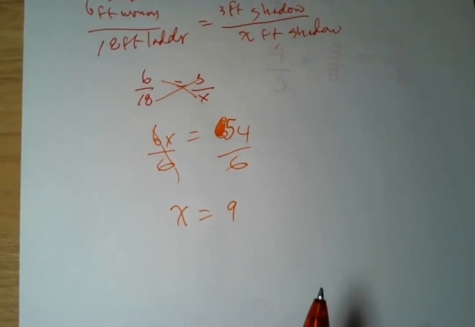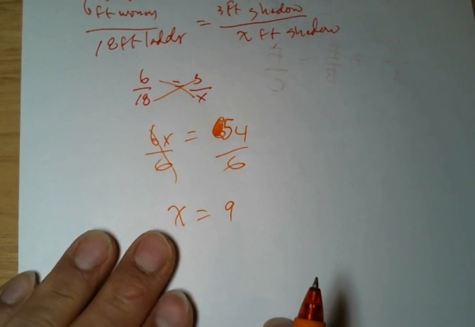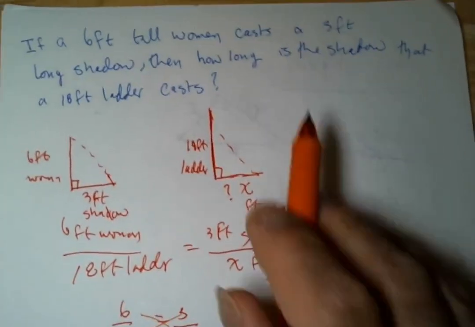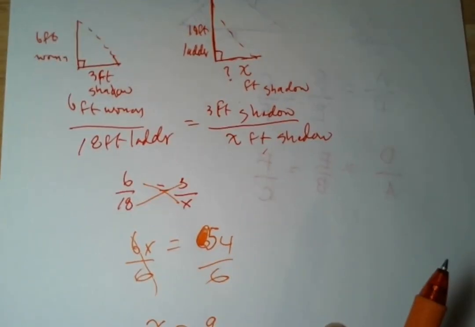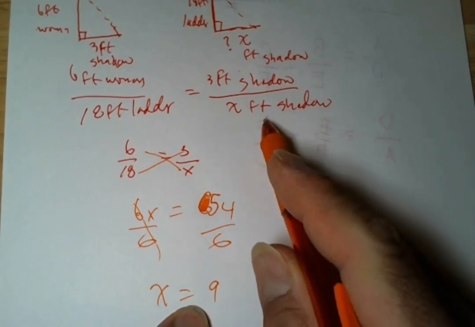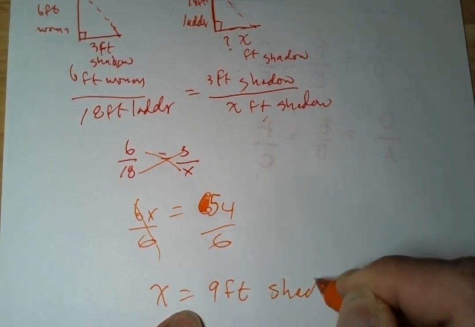Now again, when solving an application, we're not quite done yet. We found a number, but we were asked a question: how long is the shadow that an 18-foot ladder casts? So our units should be a 9-foot shadow. Do not forget this.